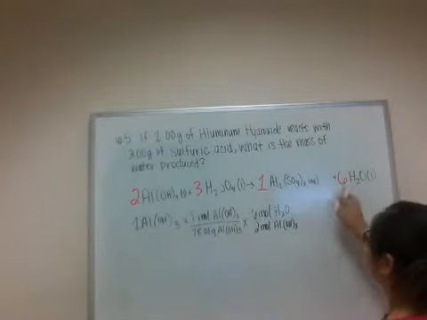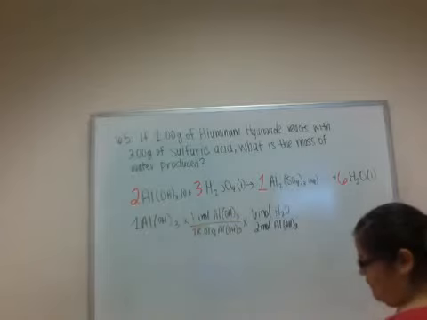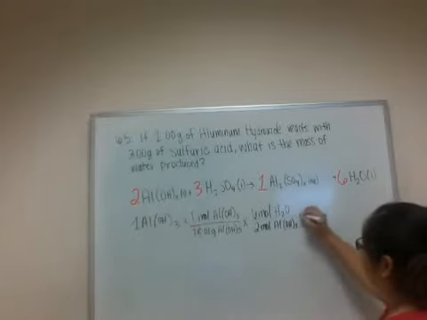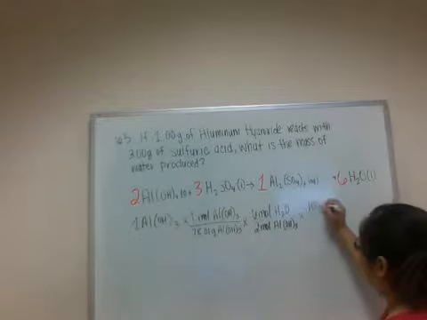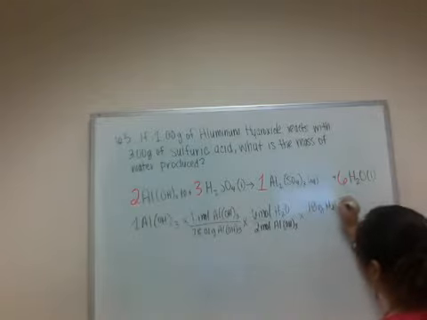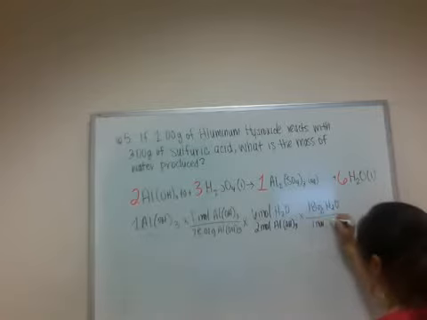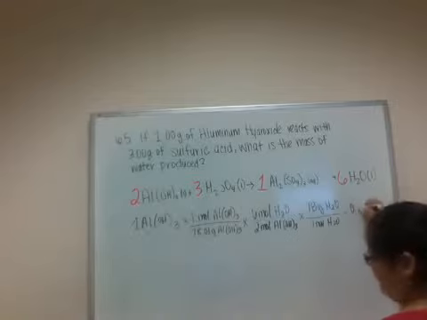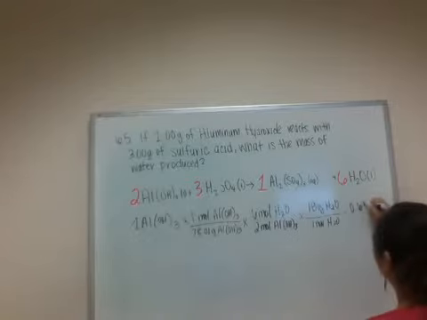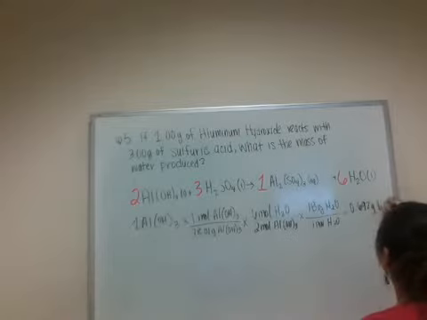The reason you have that is from your balanced equation there. And then you times it by the grams of your H2O molecule, which is 18 grams of H2O over 1 mole of H2O. And it equals 0.692 grams of H2O for your first reactant.